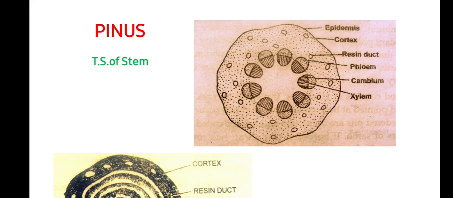The xylem consists of tracheids only. Phloem has sieve tubes and phloem parenchyma, but is devoid of companion cells; albuminous cells are present in place of companion cells. The central part of the stem has a small amount of medulla, which also contains resin canals. So this is the simple structure of a younger stem.